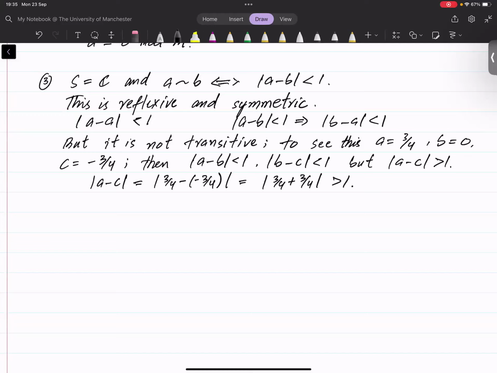Number 4 was that S is R and A is related to B if and only if the sum of the two reals is an integer.